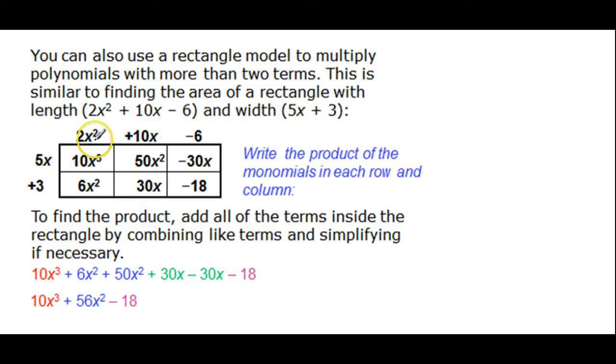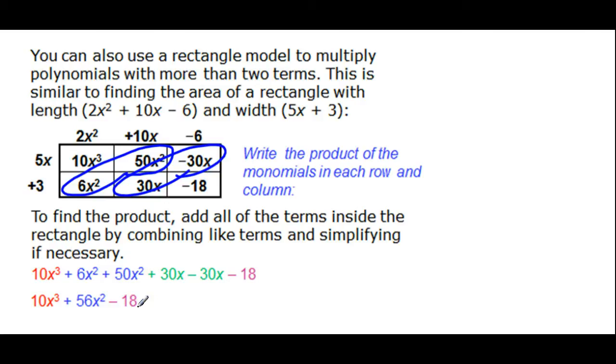So this is a 2x squared by 5x, which gives me 10x cubed. This is a 10x by 5x, which gives me 50x squared. And this is a negative 6 by 5x, which is negative 30x. Do the same thing down here. Normally what happens is these two are like terms and can be added together to give me 56x squared. These two are like terms, which add together to give me 0x, so that's gone. And you have my final answer.